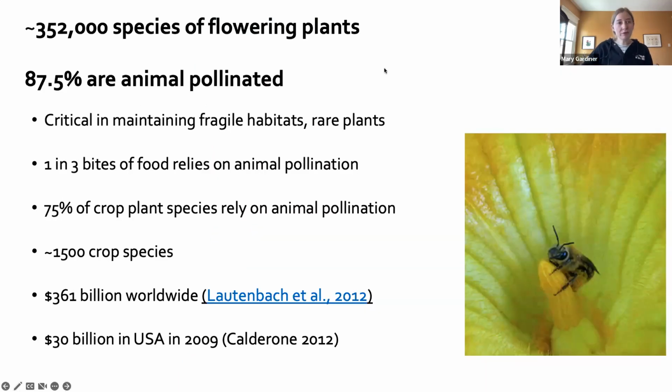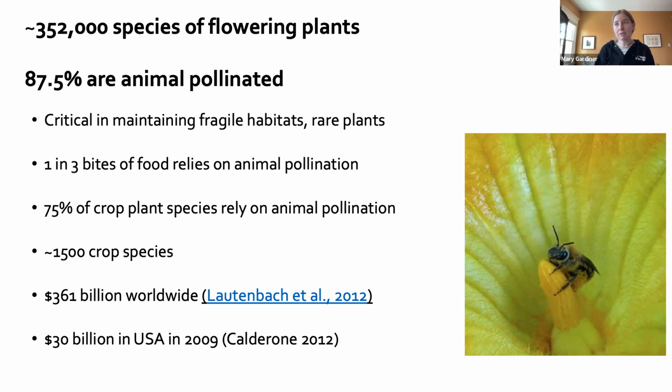Pollination is important. There are over 352,000 species of flowering plants, and about 87% of those are pollinated by some kind of animal. So bee pollination and insect pollination in general is critical in maintaining fragile habitats. There are many rare plants that might have one specialist pollinator that pollinates it. Also, from our standpoint, 1 in 3 bites of our food requires animal pollination.